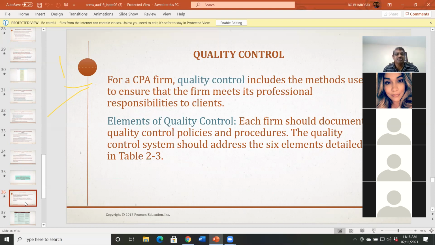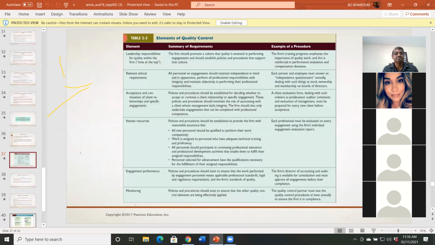Here we can talk in table 2.3 about the 6 elements of quality control. Leadership and responsibility, relevant ethical requirements, acceptance and continuation of clients. Not every client that walks in your door you're going to accept. Not every client you're going to continue.